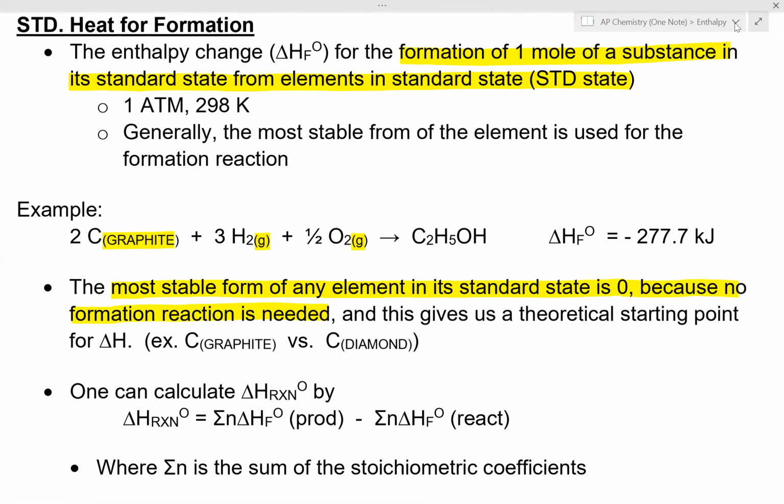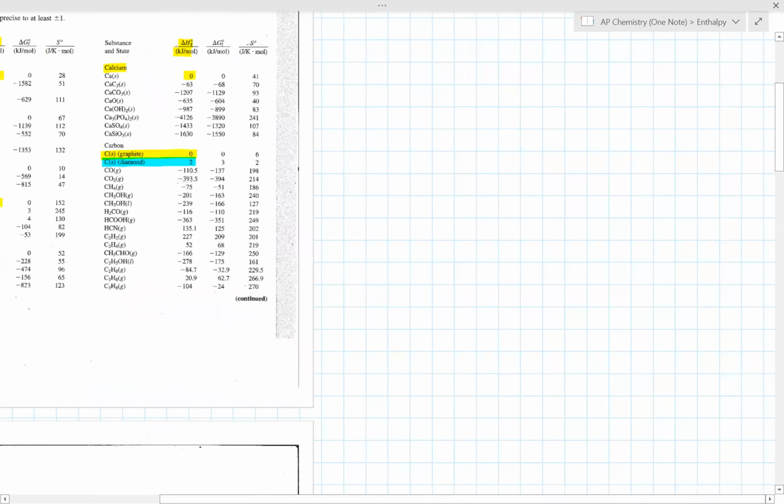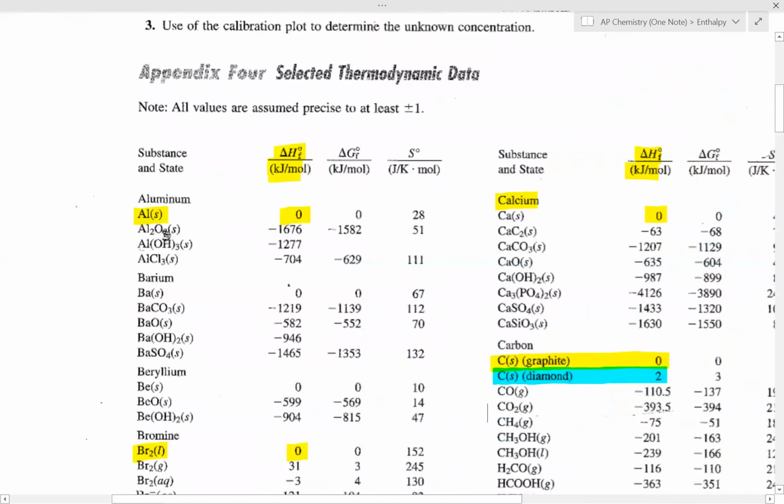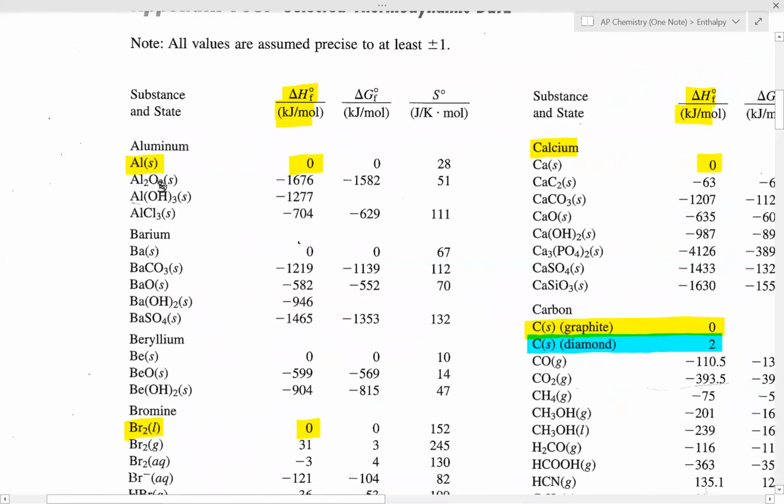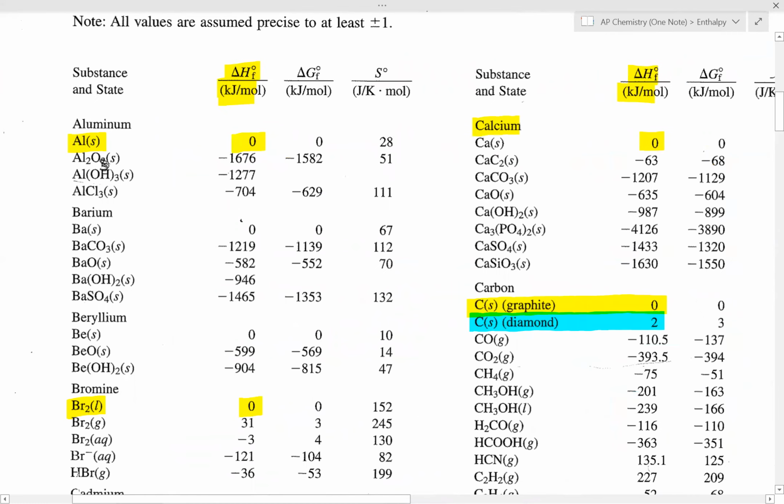So if you take a look at your appendix number 4, you will see this table. And I've highlighted specific ones for the heat of formation. You notice aluminum is 0. Bromine is 0.